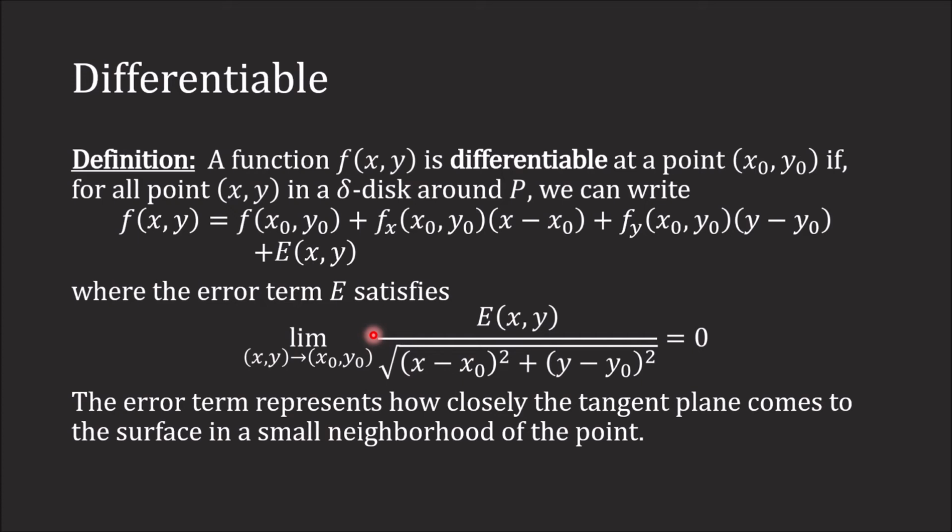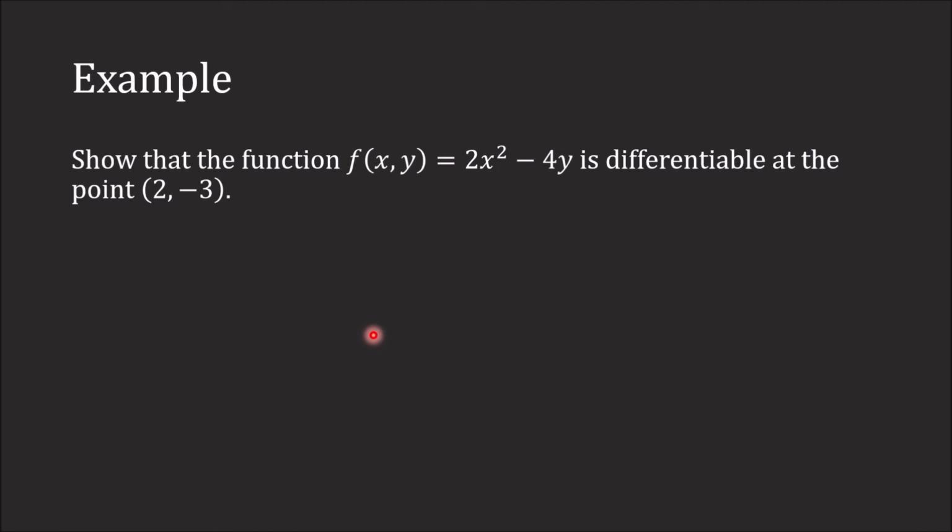So what we're going to do is show that this function, 2x squared minus 4y, is differentiable at the point (2, negative 3). First thing we're going to need is f sub x, and that is just 4x.